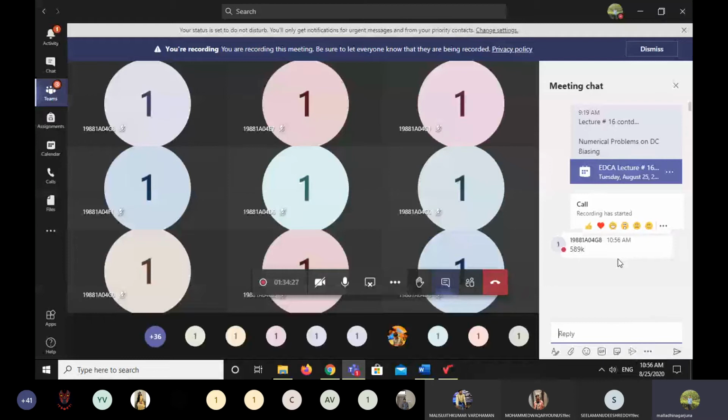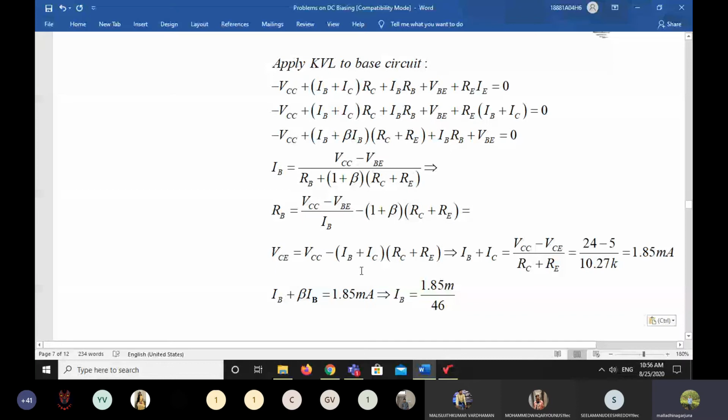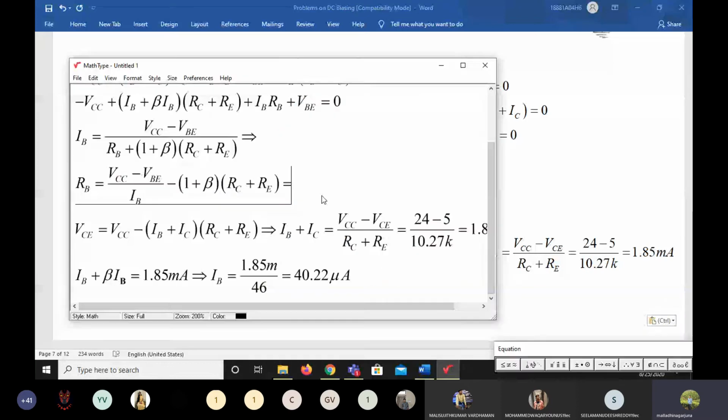What is the answer? 589K. Is it right? 589K. Anyway, you verify that and just substitute here, so we will get the answer.